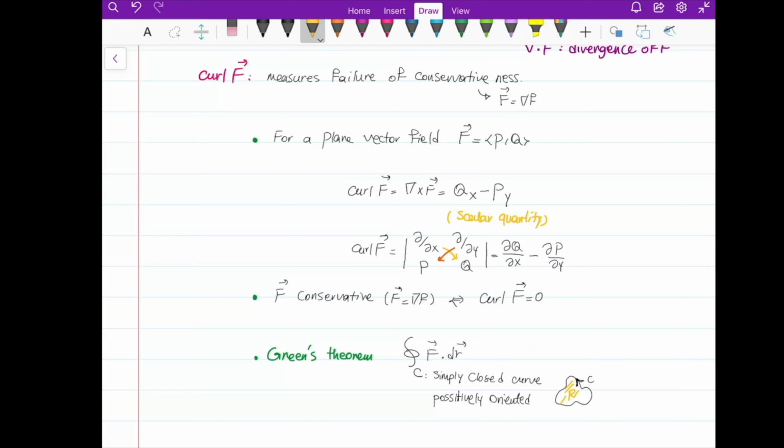Okay, so that's the region R. So Green's theorem says that the line integral of F dr over a closed curve C is equal to what? Let me move these a little bit.